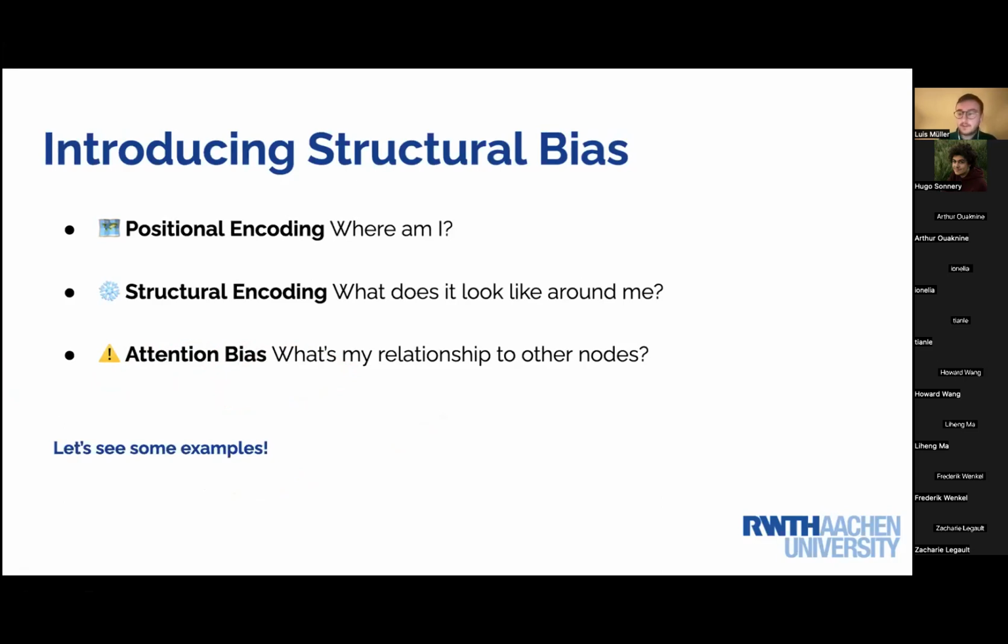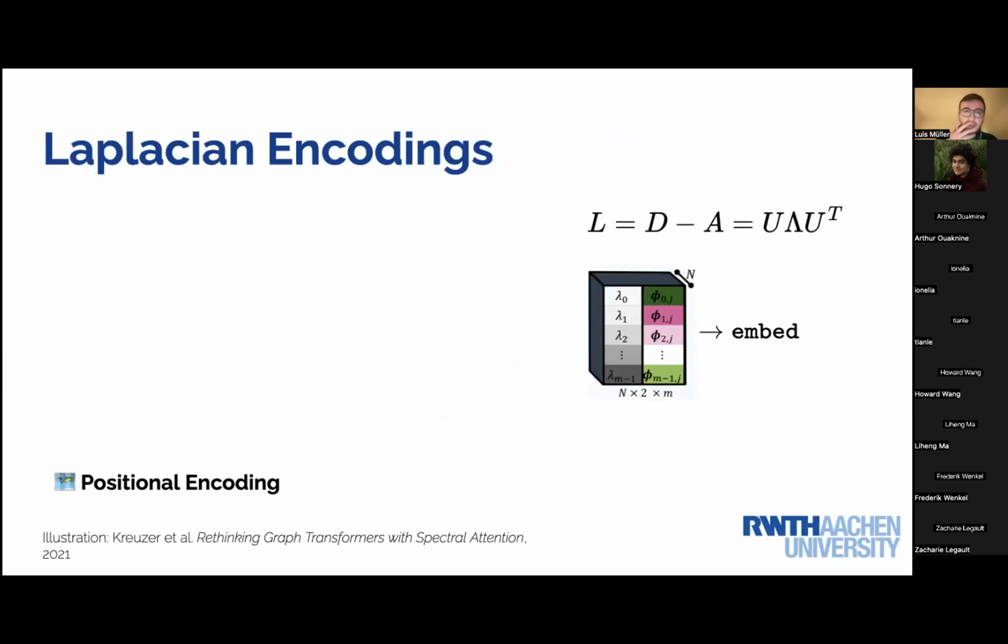All right, so let's go through some examples of what it can look like. An example for positional encoding that is very popular is the Laplacian encoding. I will not go too much into detail what the graph Laplacian represents, but it is basically a function of the adjacency matrix. In fact, it's the degree matrix minus the adjacency matrix.